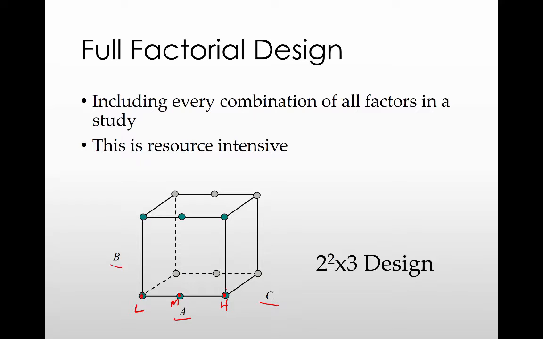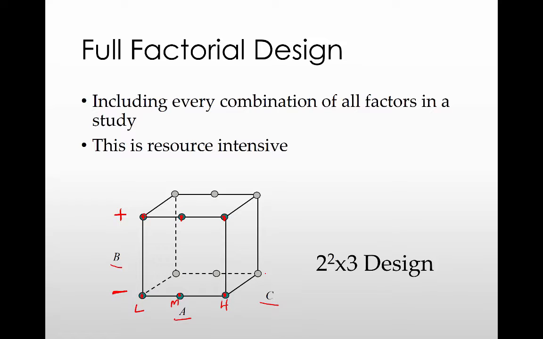Now, if you allow B to change, let's say that you start off with a low level of that, I'll call it minus, and then you change to a plus level, then in order to do the full factorial design, you would also have to change B to plus and consider low, medium, and high values of A. Not necessarily in that order. You could do these in any order, but you'd go from 3 experiments to 6.